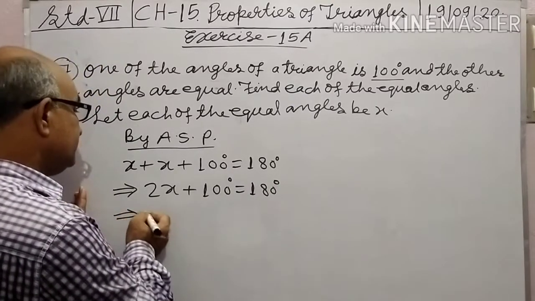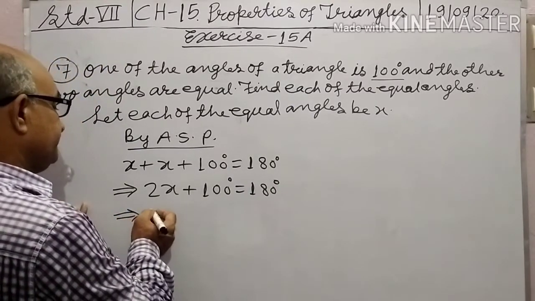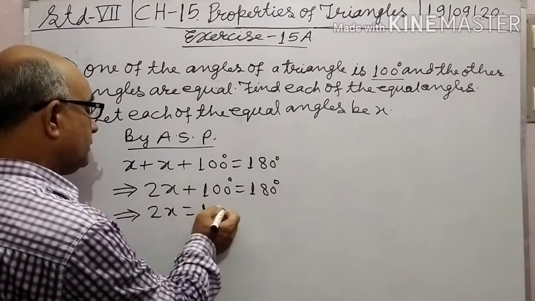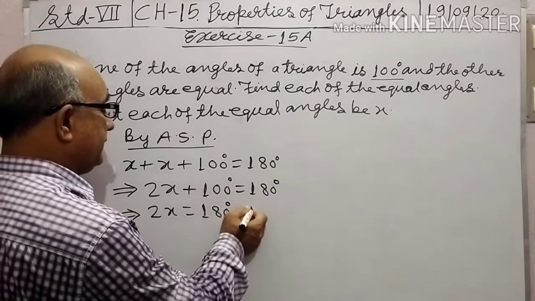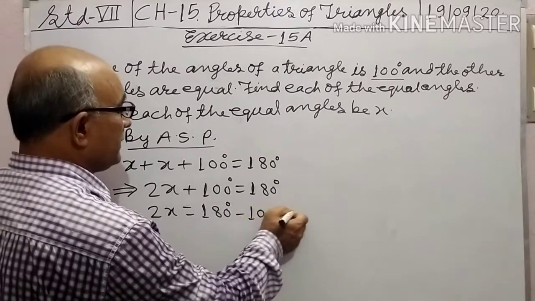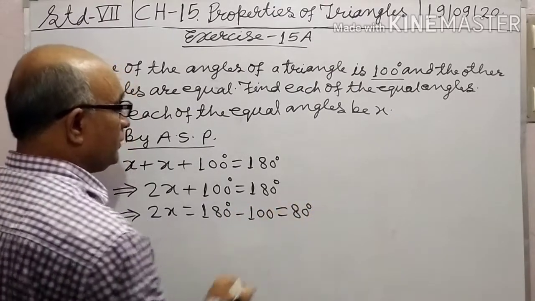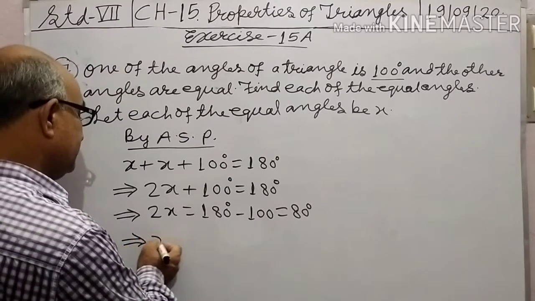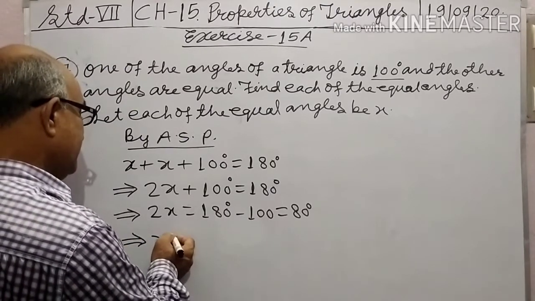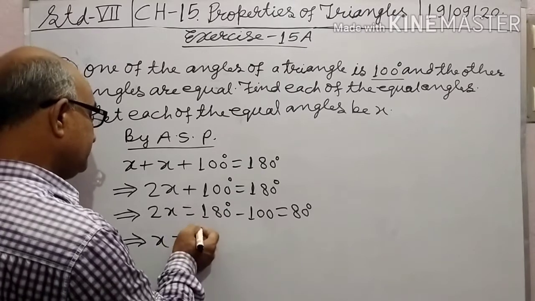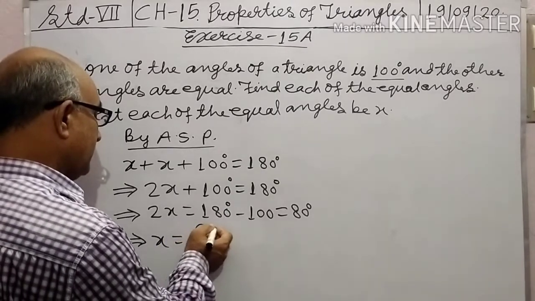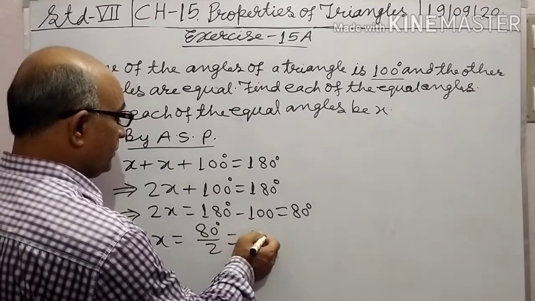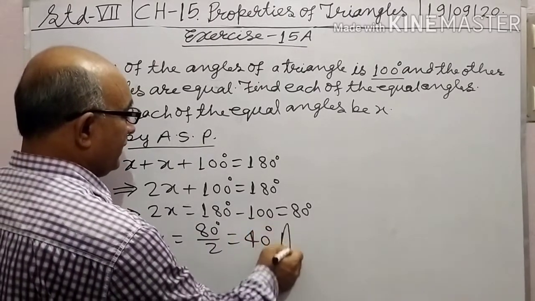Next step is 2x equal to 180 degrees minus 100 degrees equal to 80 degrees. That implies x equal to 80 degrees by 2 equal to 40 degrees. Answer.